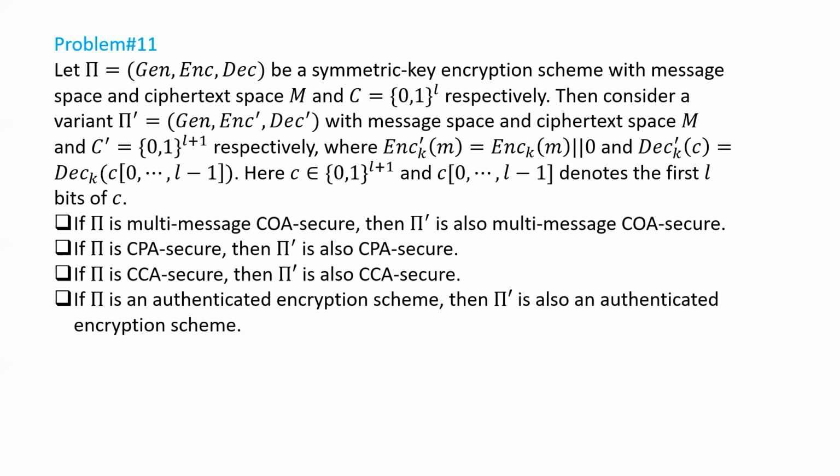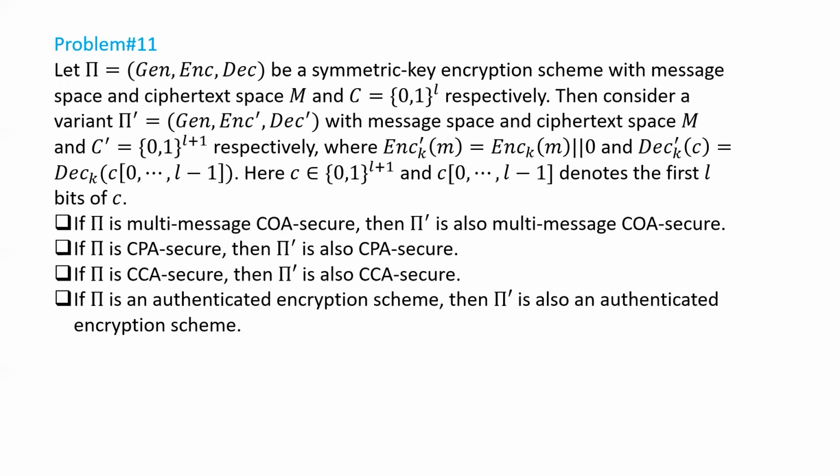COA security is the weakest definition, and then comes CPA security, where the adversary has more power. In CCA security, the adversary has even more power, having access to a decryption oracle, and in an authenticated encryption scheme, not only do we ensure CCA security, but we also ensure ciphertext integrity. So this is a stronger scenario.